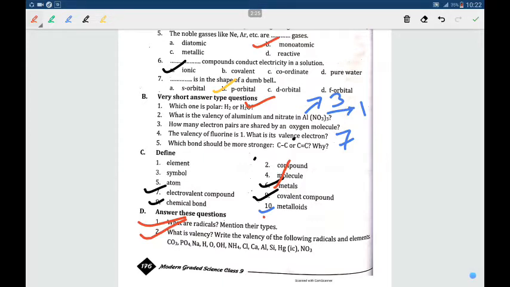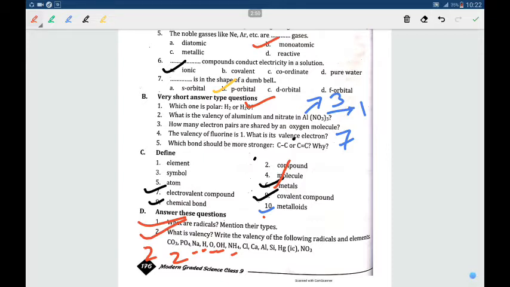Now next is to write the valency of the following radicals. CO3, it is carbonate, valency is 2. PO4, phosphate, valency is 2. Sodium 1. Hydrogen 1. Next, oxygen 2. OH, hydroxide 1.